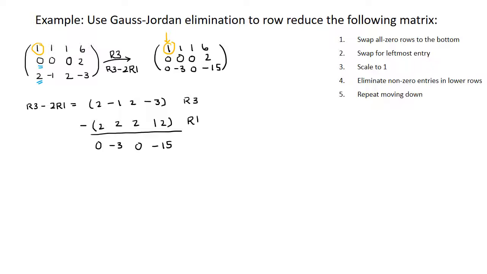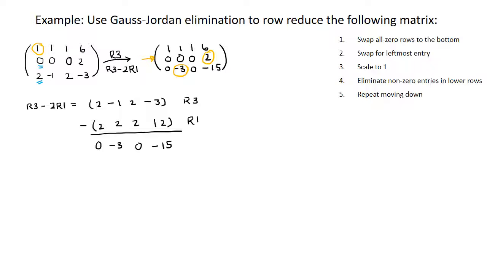if we look at the leading entries, we have this 2 here in row 2, and we have a negative 3 here in row 3. You can see that the leading entry in row 3 is further to the left than the leading entry in row 2. We want to have the leftmost entry among all rows below our row of interest, which for us is row 2.